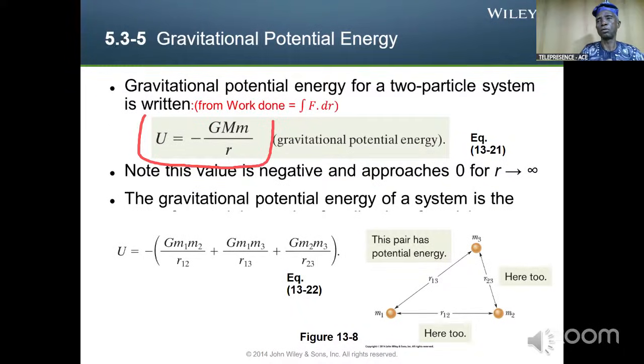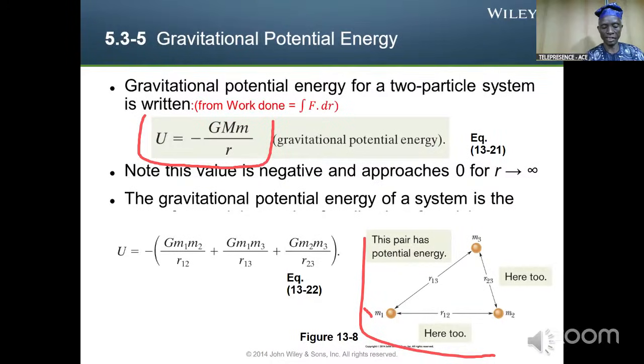Long and short, there are two points to note here. Number one, you can see from this diagram here, if you have a 3-particle system, the potential energy of that system has to be calculated for each pair. So in this case, let's take particle 1 as our reference. The potential energy of this system will be the potential energy between particle 1 and 2, plus the potential energy between particle 1 and 3, plus the potential energy between particle 2 and 3.